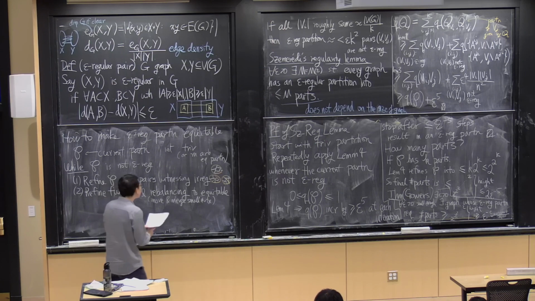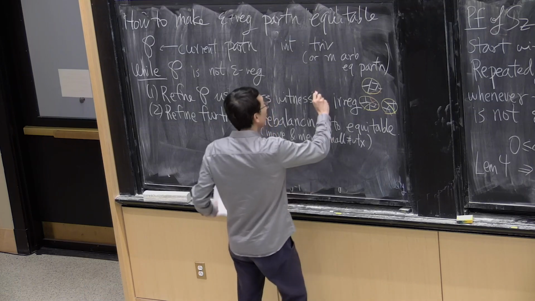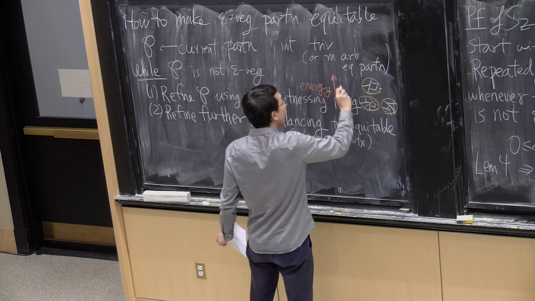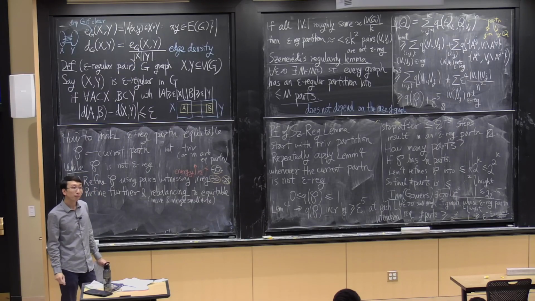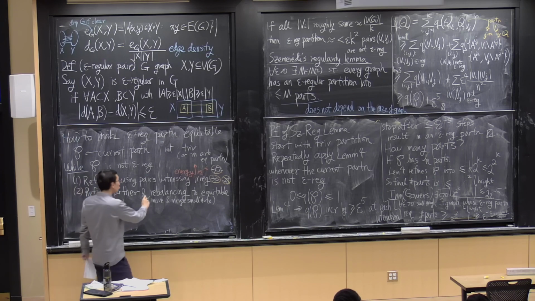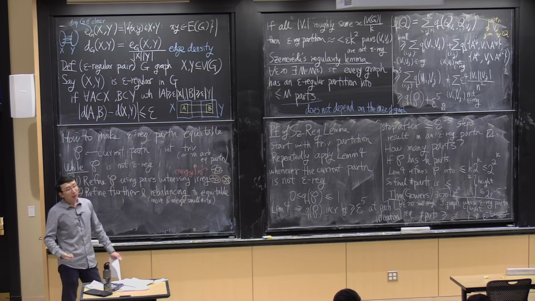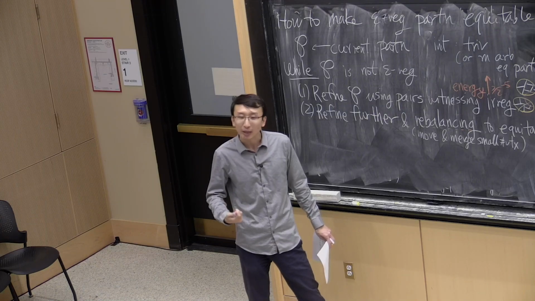And the point here is that the first part still is exactly the same as before, where the energy goes up by at least epsilon to the minus 5. But the second part, the energy might go down, right, because we're no longer just refining, because we're doing some rebalancing. But you can do it in such a way that the amount of rebalancing that you do is really small. You're not actually changing the energy by so much.